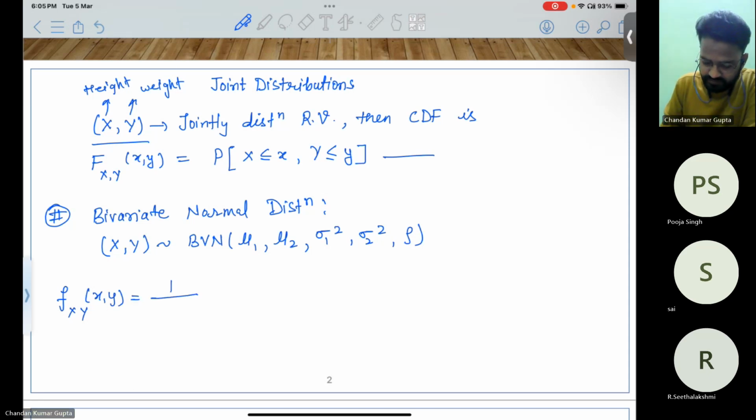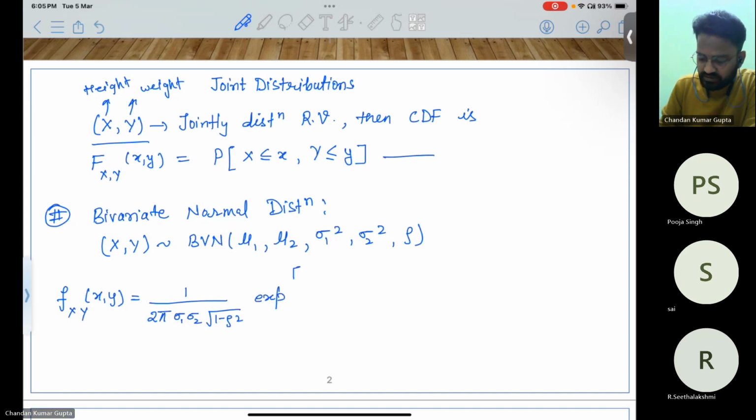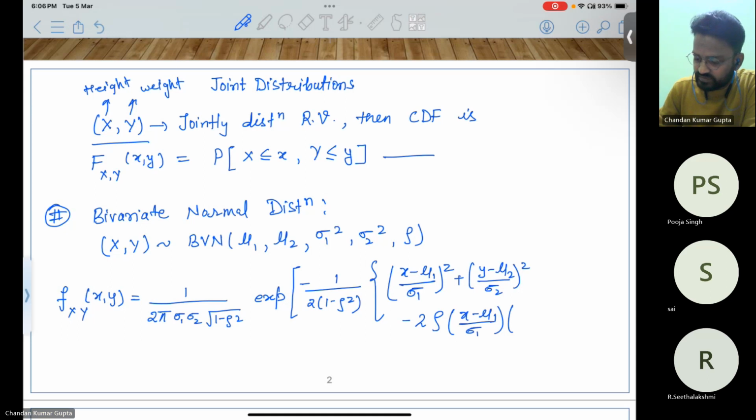So the PDF can be written as 1 upon 2 pi sigma 1 sigma 2 square root of 1 minus rho square, e to the power minus 1 upon twice 1 minus rho square, times (x minus mu1 upon sigma 1) square plus (y minus mu2 upon sigma 2) square, minus twice rho (x minus mu1 upon sigma 1)(y minus mu2 upon sigma 2).